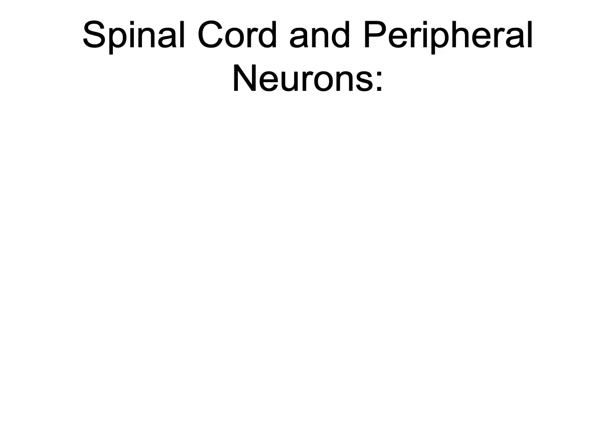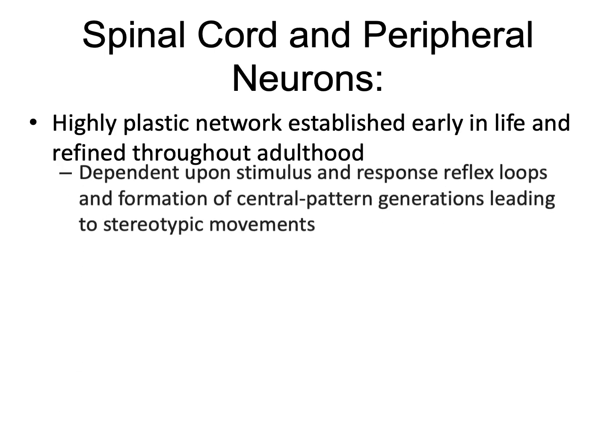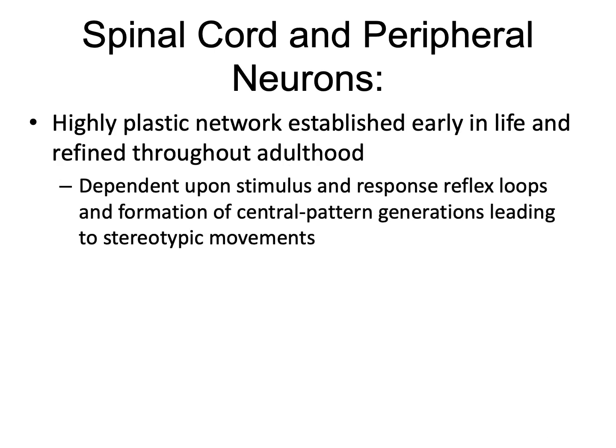Now, there's another side to this plastic change that takes place with aging, and it's within the spinal cord and the peripheral nerves, where we have highly plastic networks within the early phases of life. Early in life, we are establishing the neuronal networks and we are allowing for hypertrophication of axons and myelination of those hypertrophied axons, where we're able to get down patterned movements.